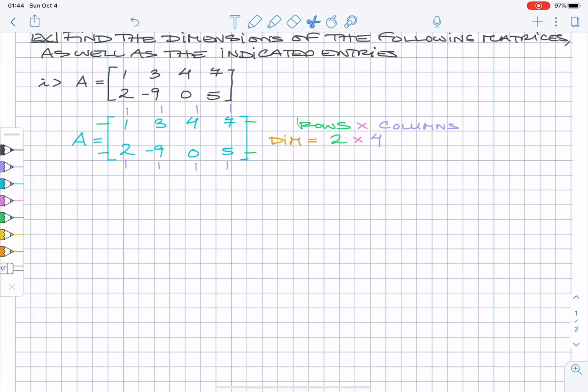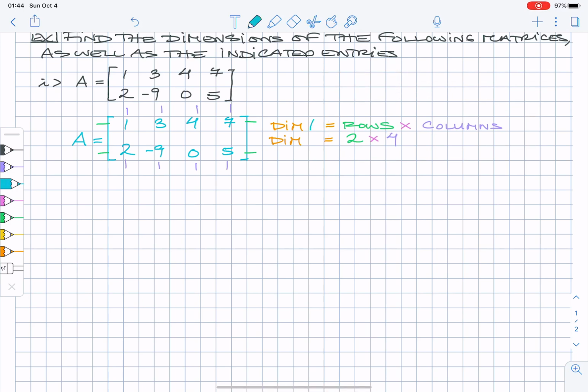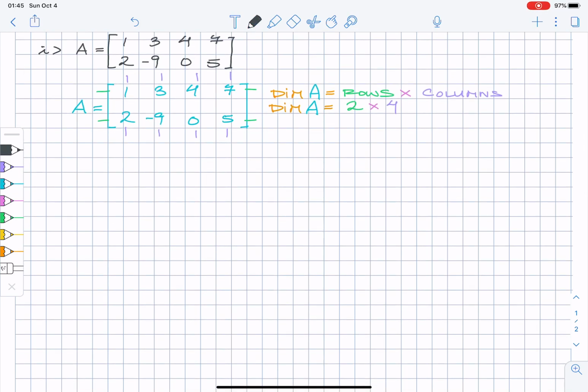Actually, let me write that above as well. So the dimension of matrix A, so let me be even more thorough, dimension of matrix A is 2 by 4.